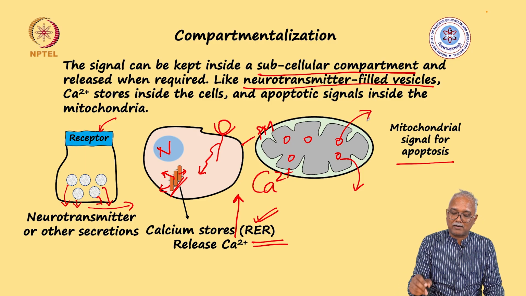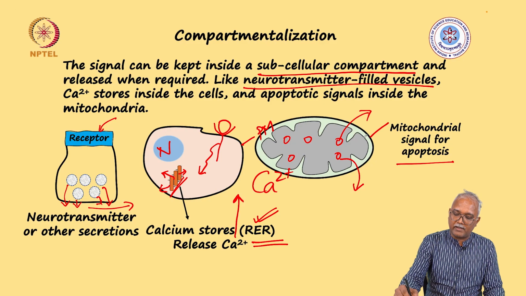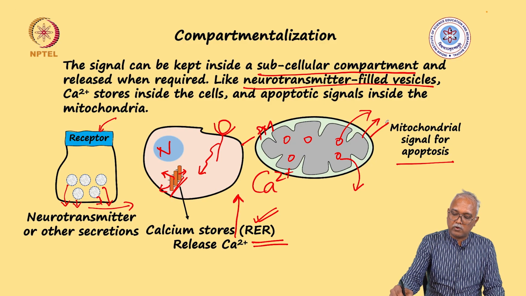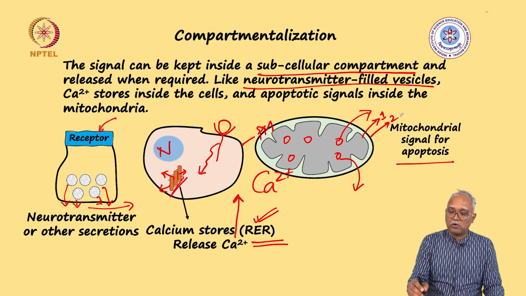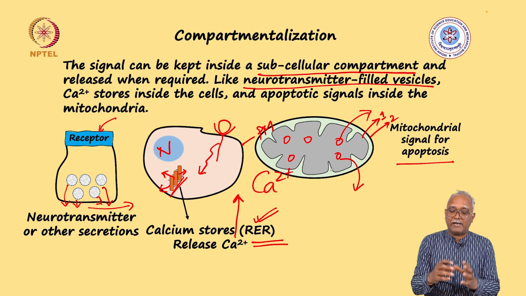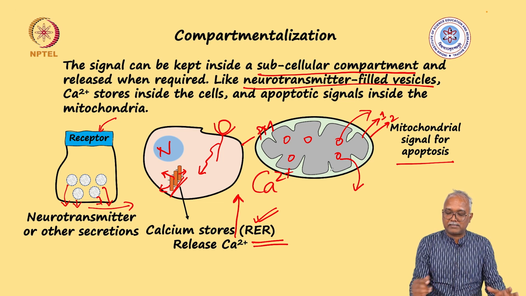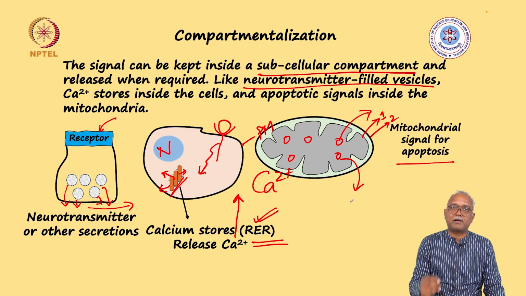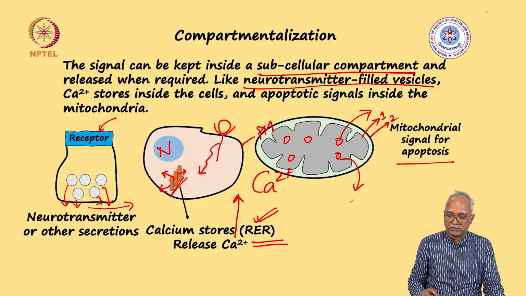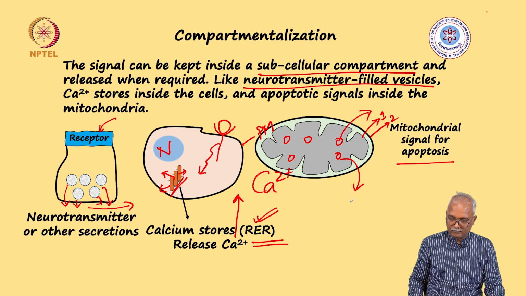We all understand that mitochondria in this case is a very unique organelle which has two bilayers. So if I say bilayer 1, bilayer 2, there are two bilayers. So things inside are very tightly compartmentalized. Only when there is a desired signal, they will come out and mediate the process as desired.